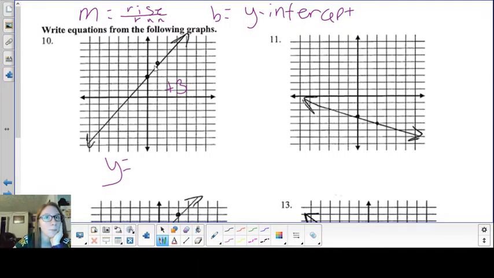To get from my first leftmost point, which is 0, 3, to the next point, I go up 2, to the right 1. So if my slope is up 2 over 1, that's equal to 2. So I have 2x plus 3.